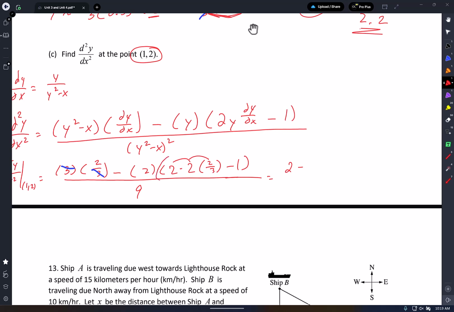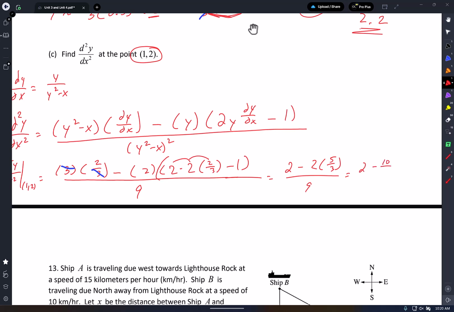That 2 is that 2 there on the outside. So 8/3 minus 1. So I see 2 times 8/3 minus 1. And then that 1 I'm going to turn to 3/3. So 8/3 and 3/3. 8 minus 3 is 5. So I see this as 5/3 all over 9. So 2 times 5 is 10.